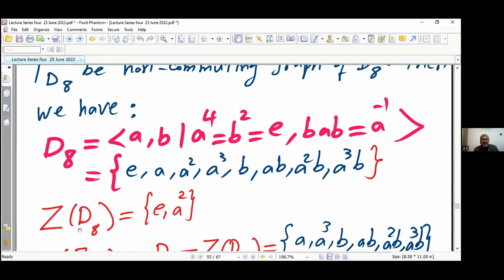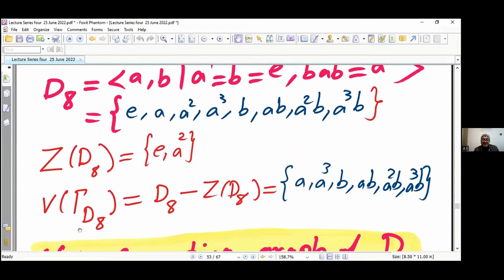You know that the center of the dihedral group of order 8 consists of identity and A square. For the non-commuting graph, the vertex set is the set of all non-central elements. So we have to remove identity and A square from the vertex set.